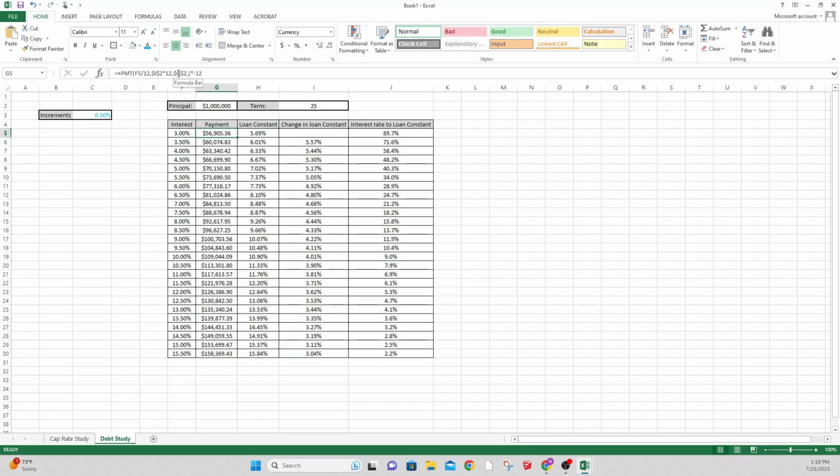If your interest rate is at 3%, your loan constant is at 5%, and as you increase rates to 7, 8, even 9%, the gap goes down significantly. The loan constant is almost 90% higher than the interest rate at the low end, whereas at a 10% interest rate it's only about 10% higher.